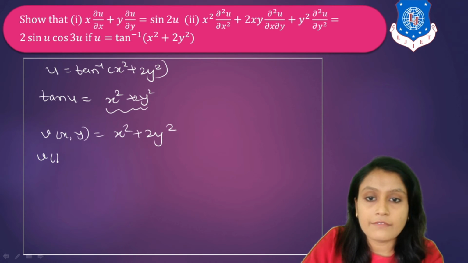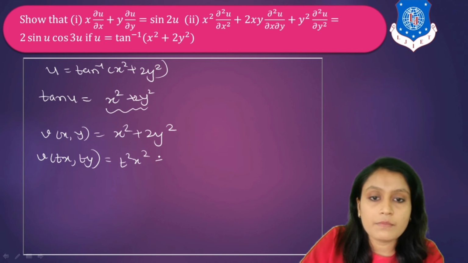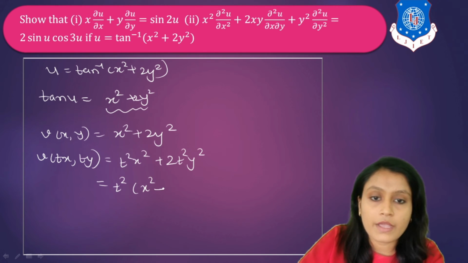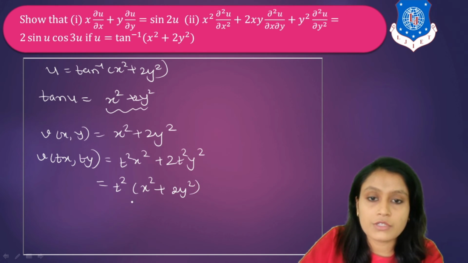So for that we have to write v of tx, ty. So you will get here t square x square plus 2 t square y square. Okay, now take t square common, so you will get x square plus 2y square. So this is v of xy. So t square of v of xy.